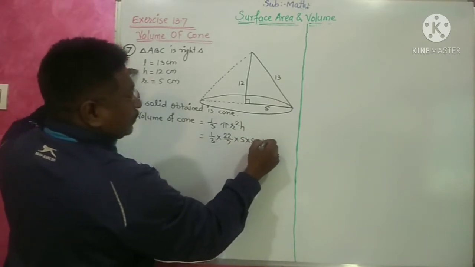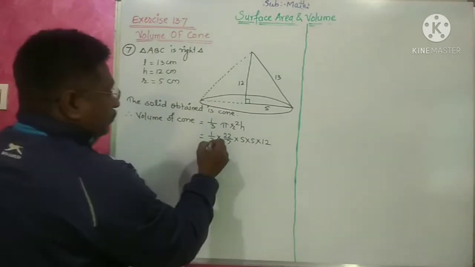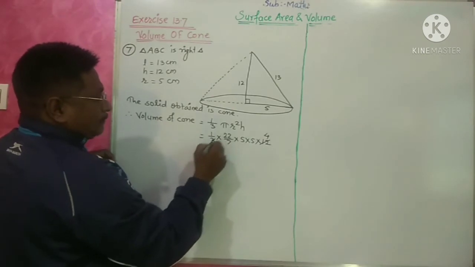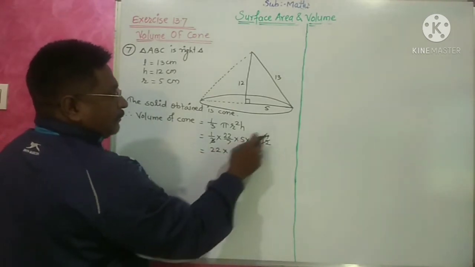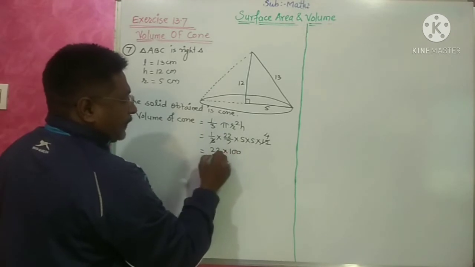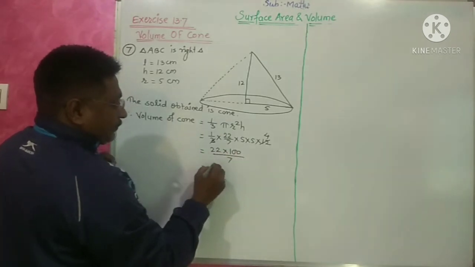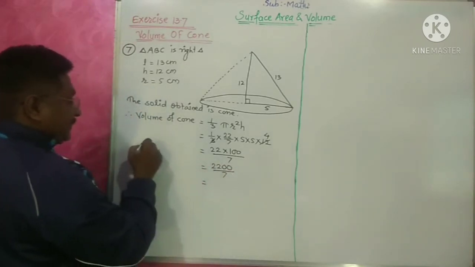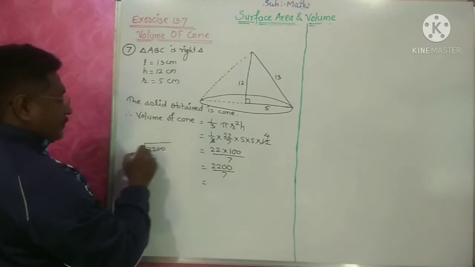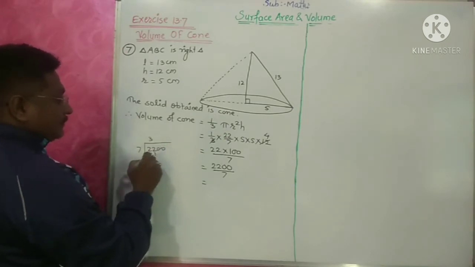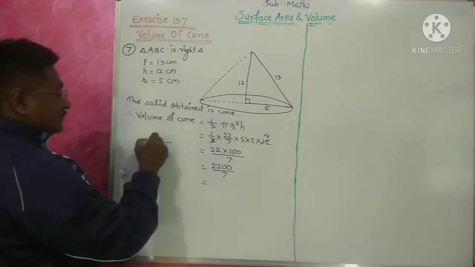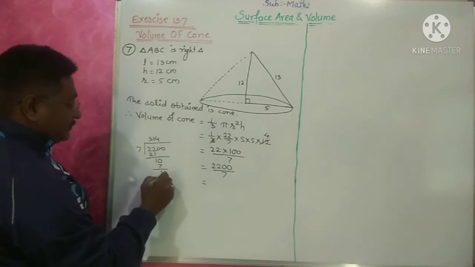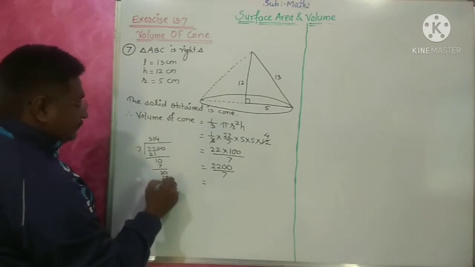H is 12. So now 3 ones are 3, 3 fours are 12. So 22 into 25 fours are 100. Divide by 7. So 2200 by 7. So what do we get? Divide it. 7 threes are 21. 7 ones are 7. 7 fours are 28.